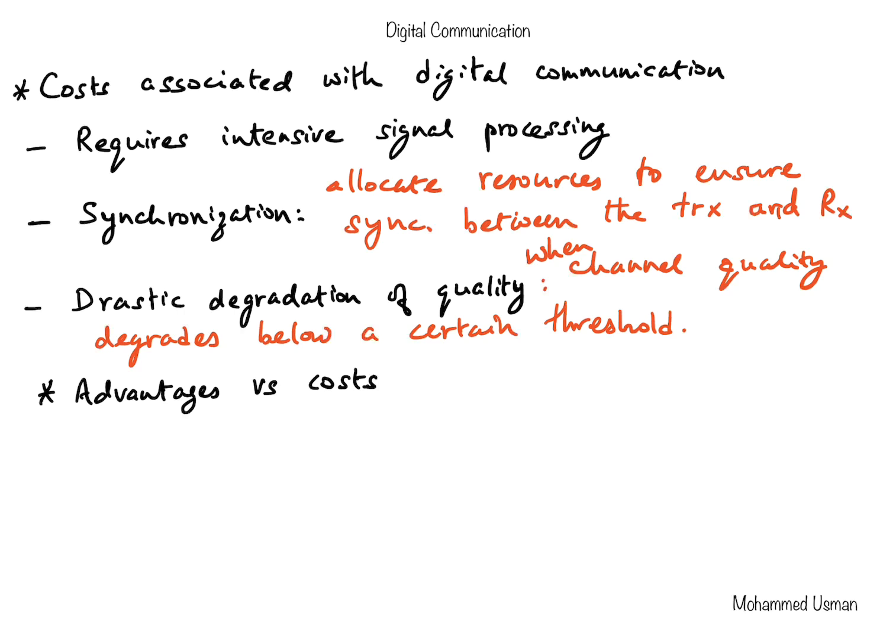And when the noise on the channel is too high, or when the noise increases, then the signal to noise ratio decreases. And once the signal to noise ratio goes below a certain threshold, then the performance of a digital communication system can degrade quite drastically. So that's another cost associated with digital communication.